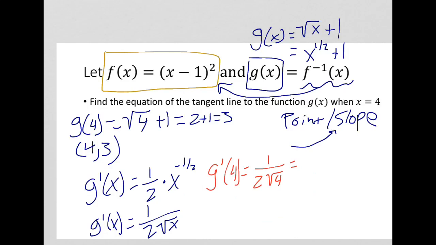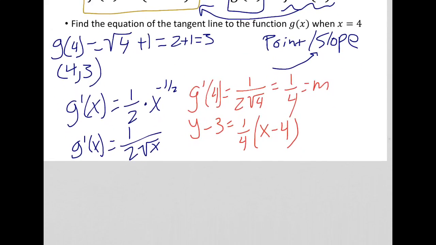Square root of 4 is 2. 2 times 2 is 4, so we get 1 over 4. And again, that is our slope. So now we can write our equation in point slope form. y minus y1, so the y value of the point is 3, equals our slope, which is 1/4, times, in parentheses, x minus 4.